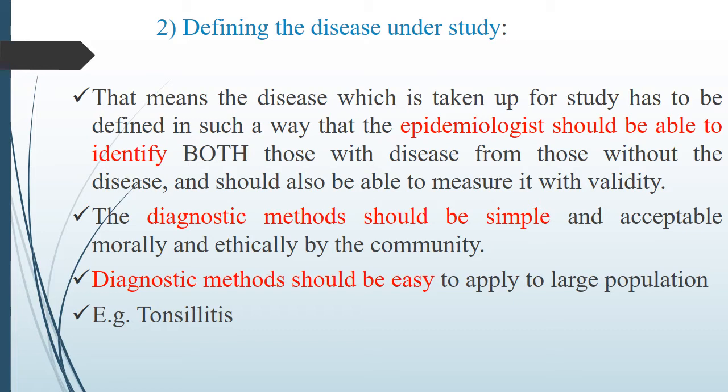For example, I want to tell about tonsillitis. I am giving two definitions and you can understand from them. The first definition was given by WHO: tonsillitis might be defined clinically as an inflammation of the tonsils caused by infection, usually with Streptococcus pyogenes. By this definition we cannot understand easily, because critical terms like Streptococcus pyogenes and inflammation are used.